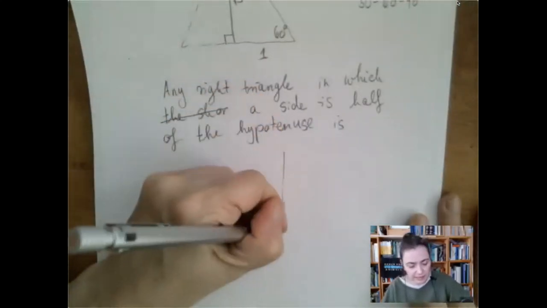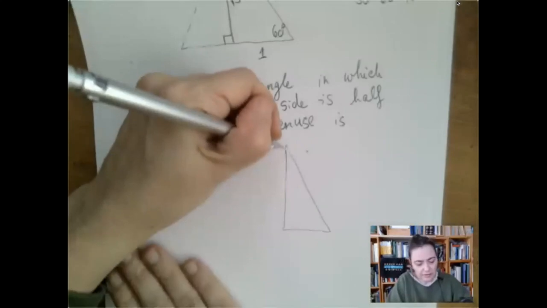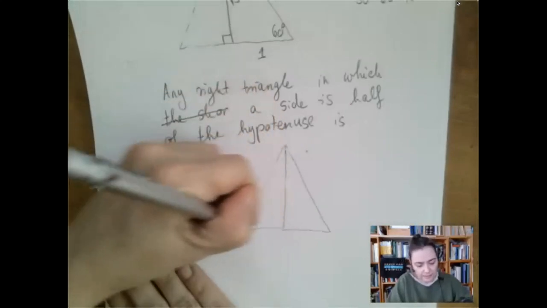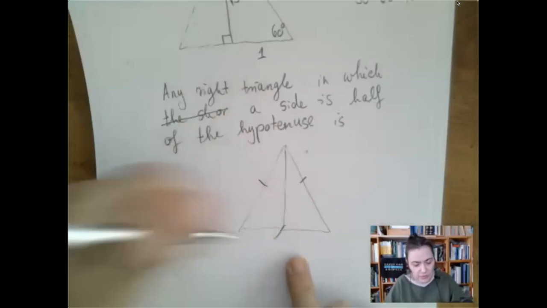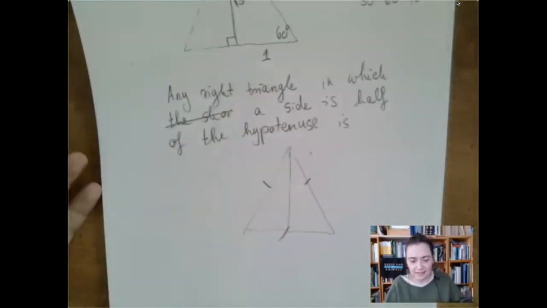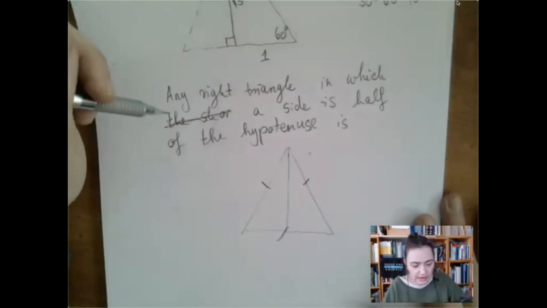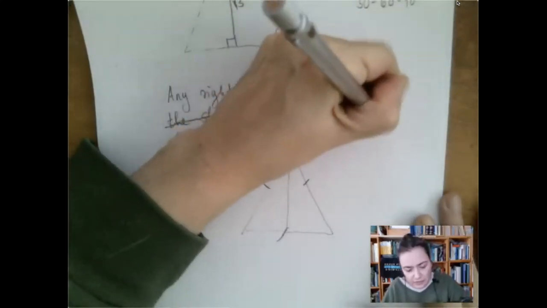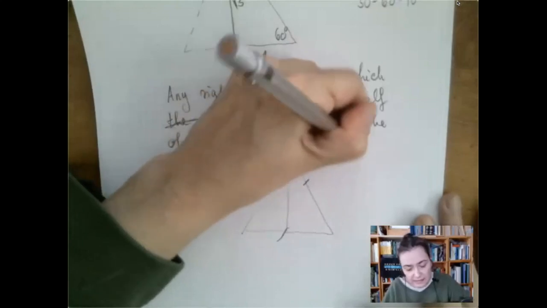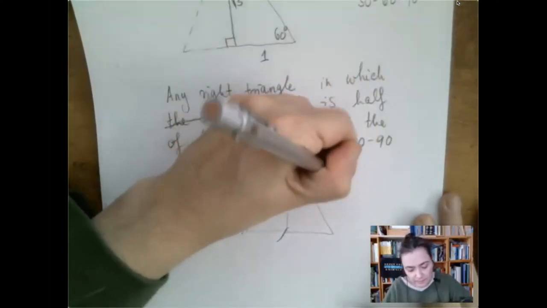Just simply for that fact that if you double up and reflect this, now this side is the same as this, and now this is the same. So all three sides are the same, right? So any right triangle in which a side is half of the hypotenuse is the 30, 60, 90, or semi-regular triangle.